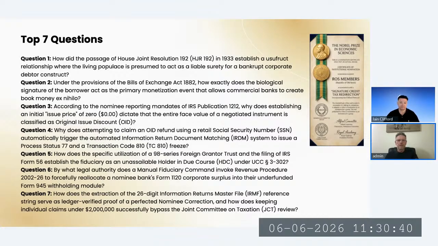Okie dokie. So question 4 is, why does attempting to claim an OID refund using a retail social security number automatically trigger this automated information return document matching, the IRDM system, to a process status 77 and then a transaction code 810 freeze?